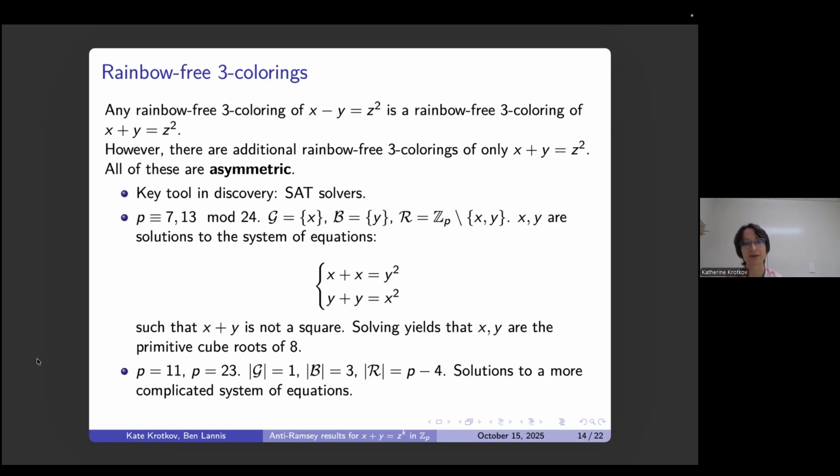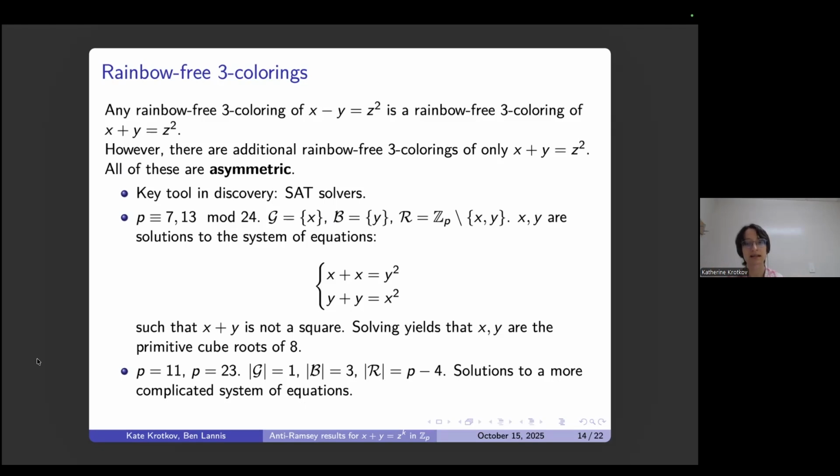But thanks to our graduate student, Nick Lehman, he could reduce the problem of, is this a rainbow-free three coloring, to a Boolean formula, which is a formula that has a bunch of variables that are joined together with conjunction, disjunction, and negation, so the logical operators.